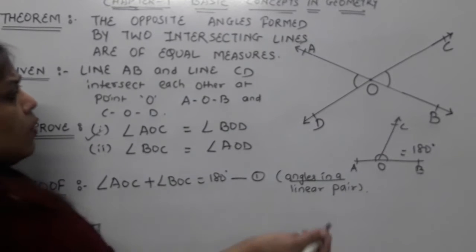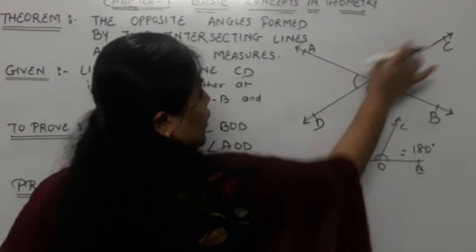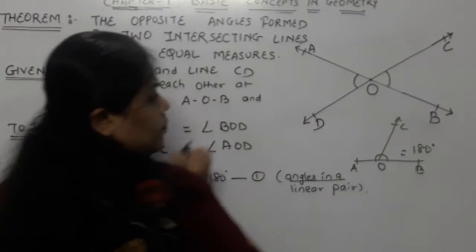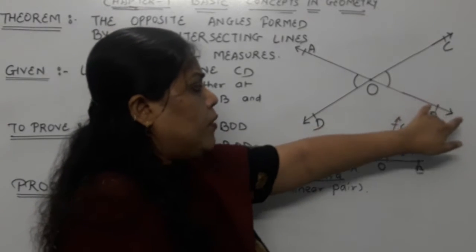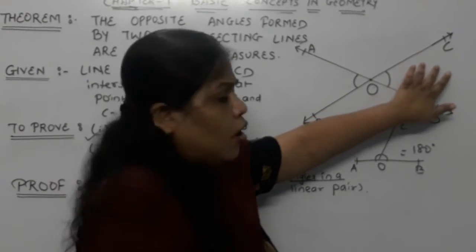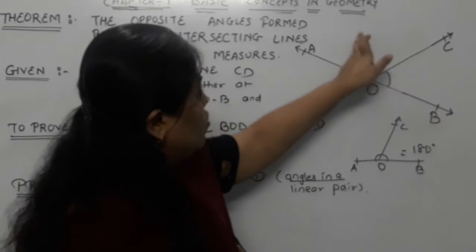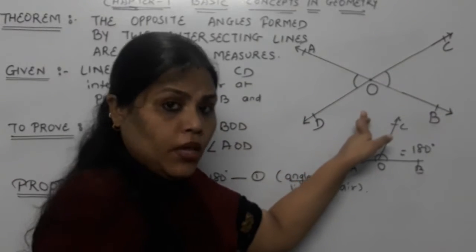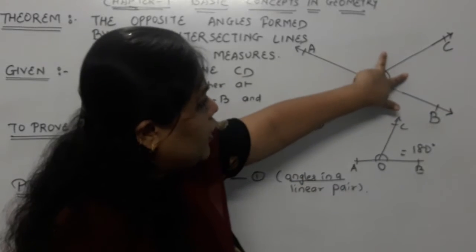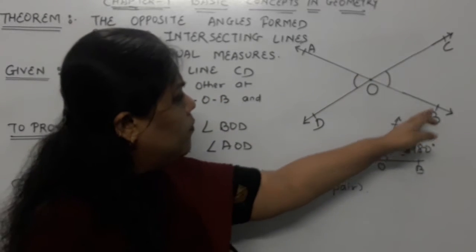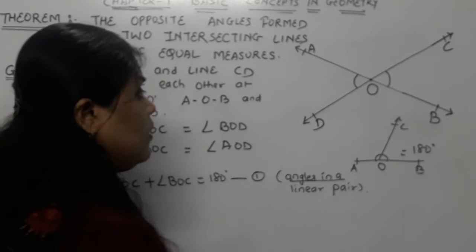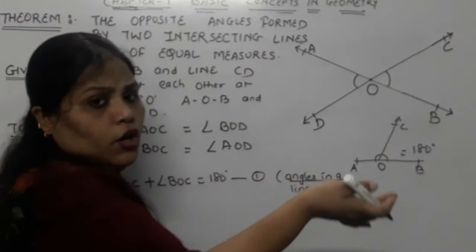Same way, now I'll take these two, angle BOC and BOD. Why am I taking BOC and BOD? Because BOC is the common angle, I can cancel it so that these two angles will be equal in measure. If I took AOC, BOD, or AOD and BOD, we would not get two vertically opposite angles.